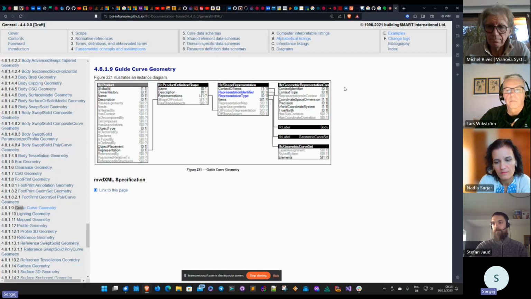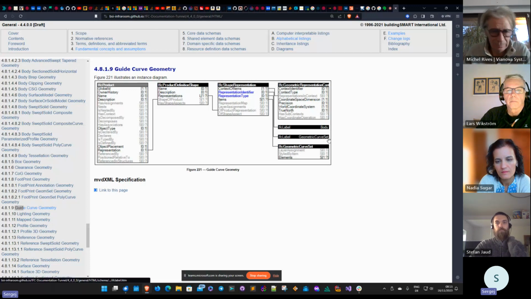But the requirement is that we need guided curves and that we need solids for exchanges, for different exchanges. So guided curve, like you see, it's a completely different identifier.